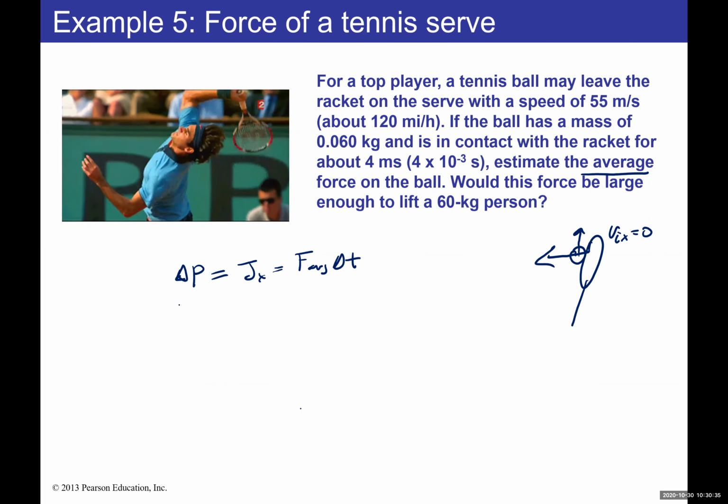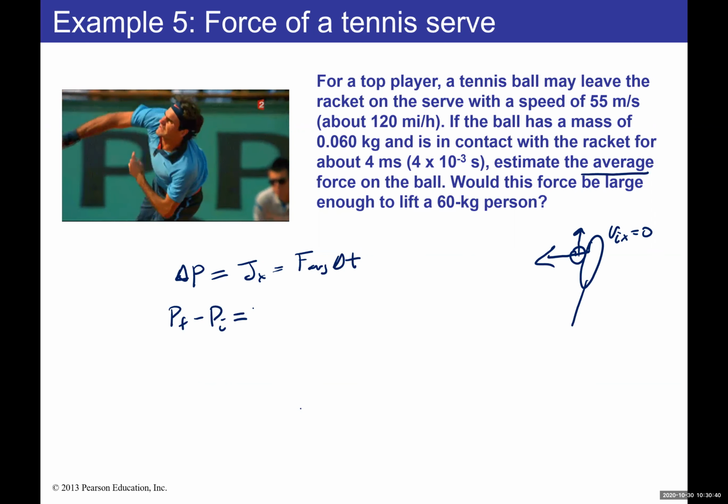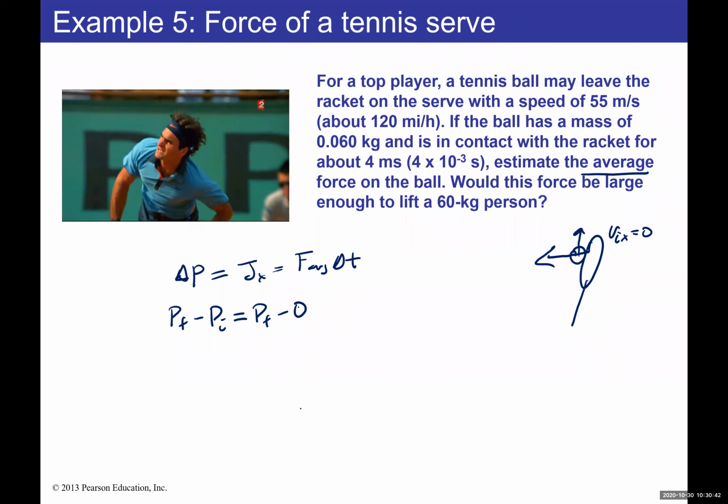So the delta P, which is P final minus P initial, is basically just P final minus zero because there's no momentum before.